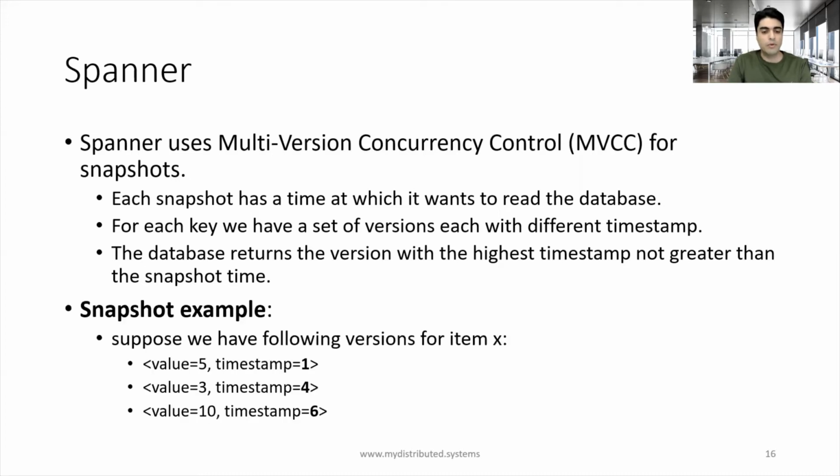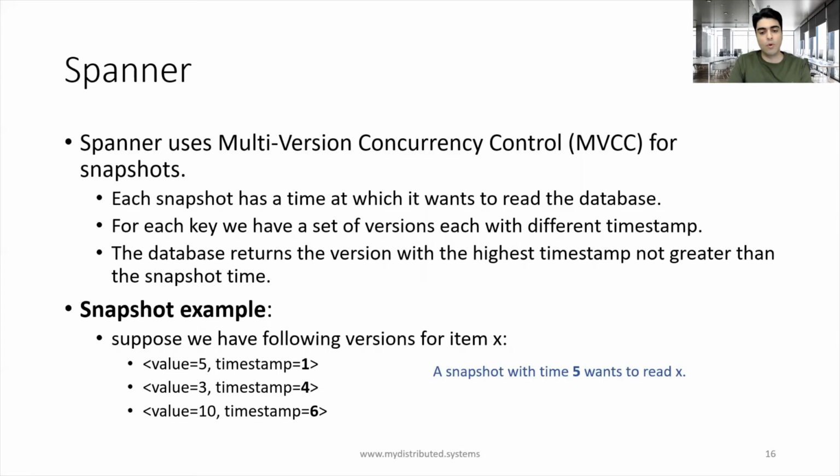Suppose we want to read item X, and for this item we have 3 versions. We have a version with value 5 and timestamp 1. We have a version with value 3 and timestamp 4, and we have a version with value 10 and timestamp 6.